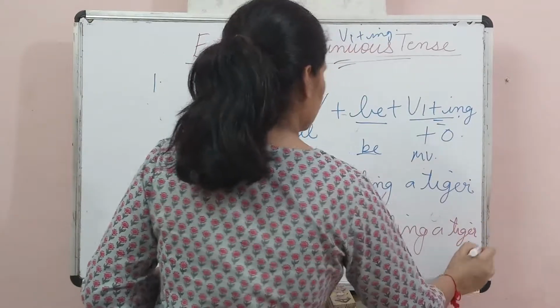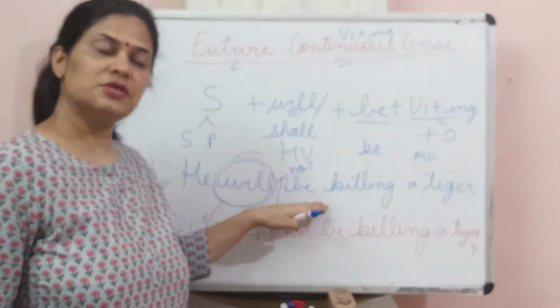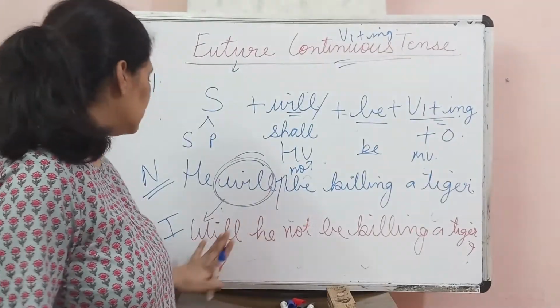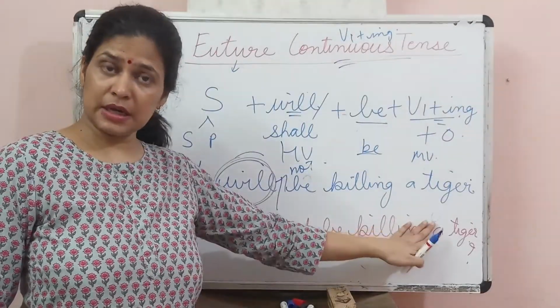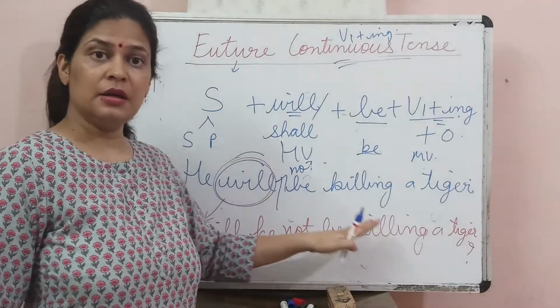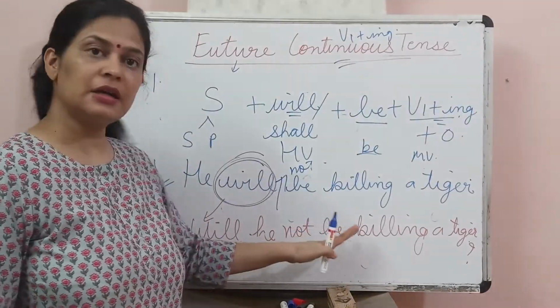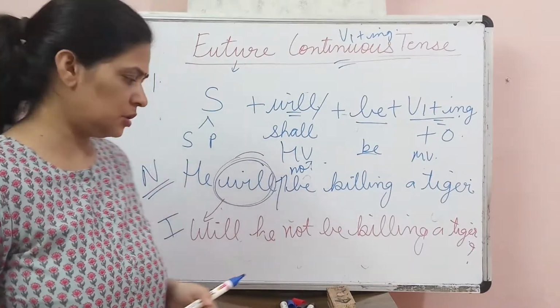This is negative interrogative, and suppose the negative was not there, you remove this not. Will he be killing a tiger? Will he not be killing a tiger? Then, who will be killing a tiger? So these are various forms in which you can make a question here.